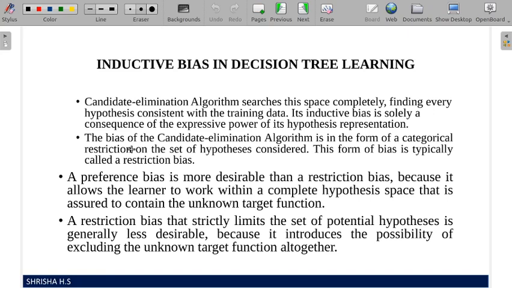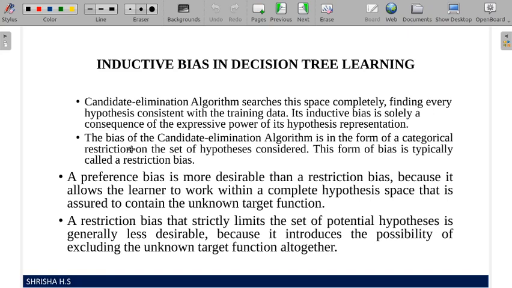So what did we learn here? First, what is the basis of ID3's inductive bias? What is inductive bias? It is the basis on which a particular hypothesis is selected by our algorithm, so that basis is biased towards some kind of hypothesis.